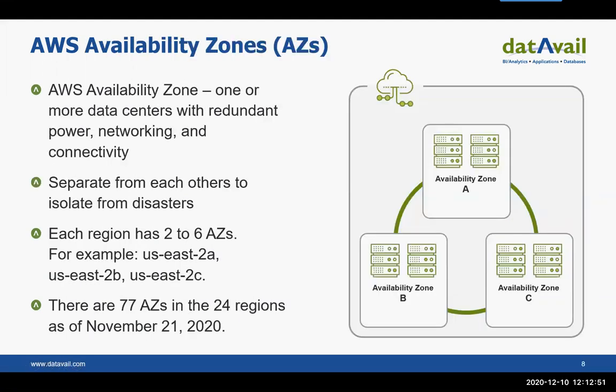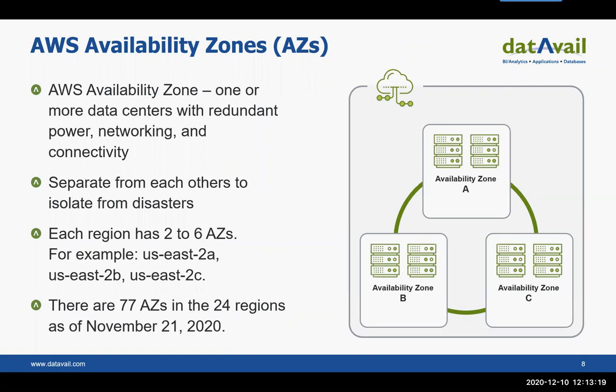AZs, availability zones. You can think of availability zones, AZs, as one or more data centers with redundant power, networking, and also connectivity. They are all separate from each other to isolate from disaster. Each region will have anywhere between 2 to 6 AZs. For example, I live in Indiana.